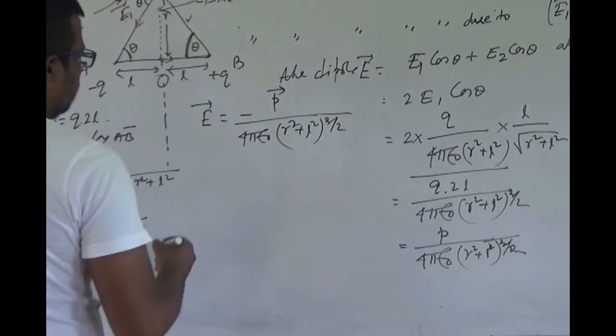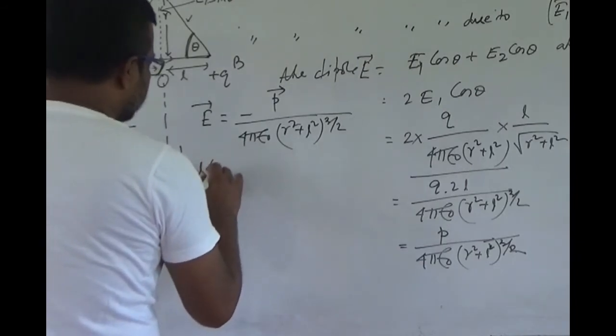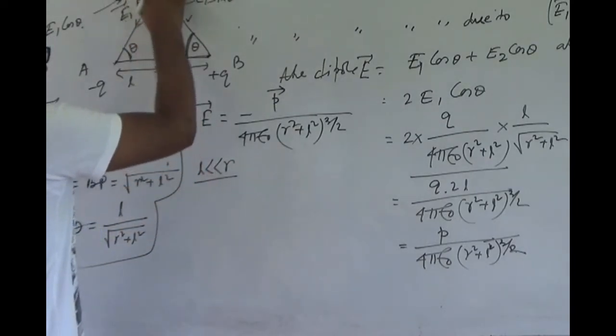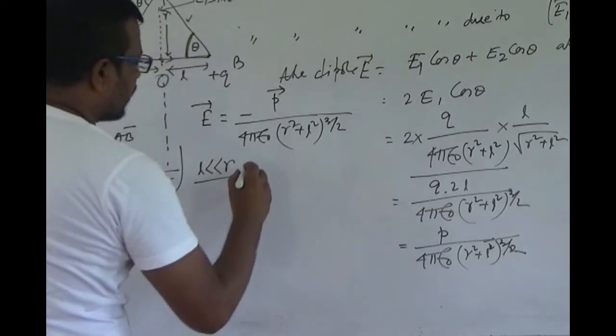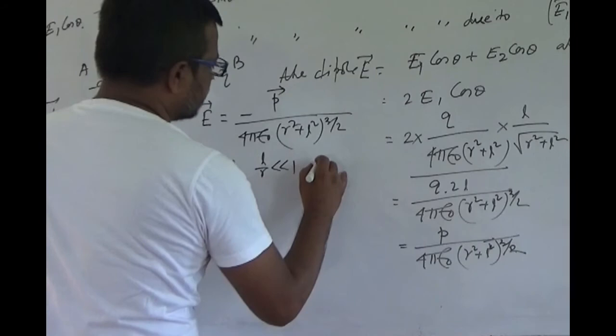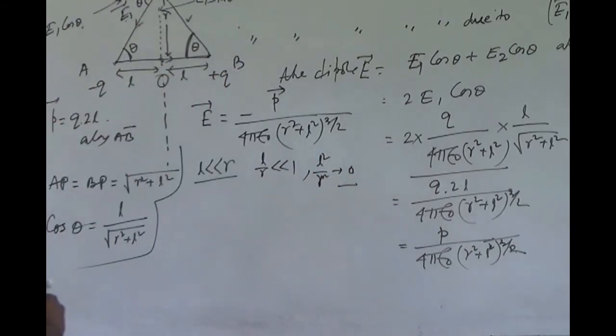Now again we are making the approximation that L is much less than R. That means the length of the dipole is very small compared to the distance of the field point from the dipole. That means L by R is much less than 1, so L square by R square is taken as 0.